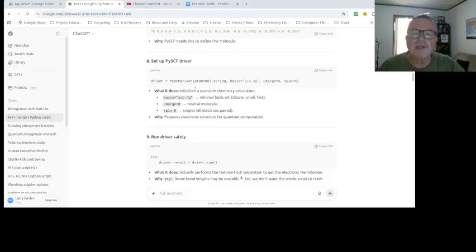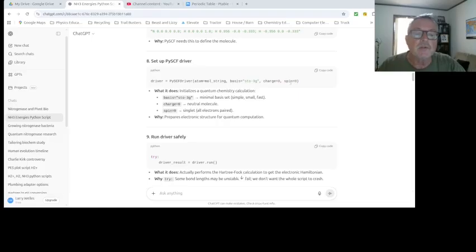Now this is going to take that molecule string that we just dreamed up here, and then it's going to apply this to the methodology for solving for the energies. And this basis is one that's crude, but it doesn't take up much computer power, which is important for what I've got here. Now, charge 0 and spin 0.